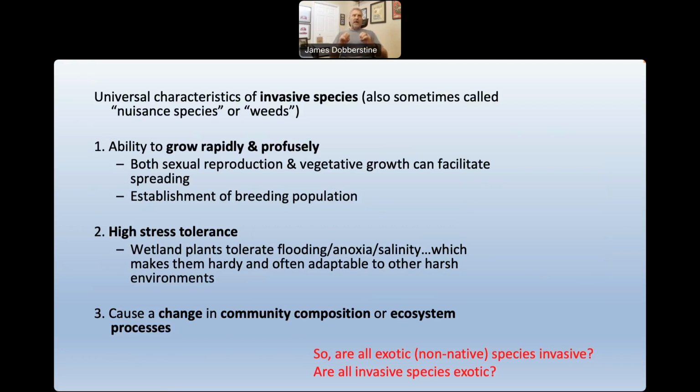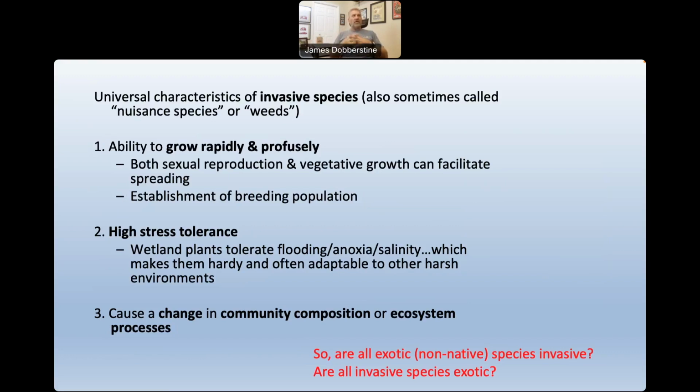One thing I'll say about Southeast Texas and invasives here is that many of the species that are invasive that are also introduced tend to come from environments that are somewhat similar to what we have here in Southeast Texas.